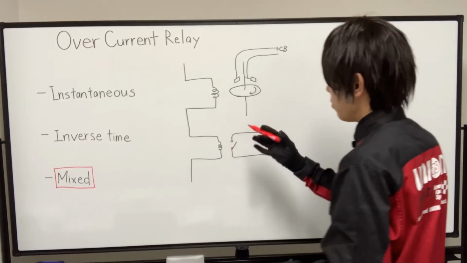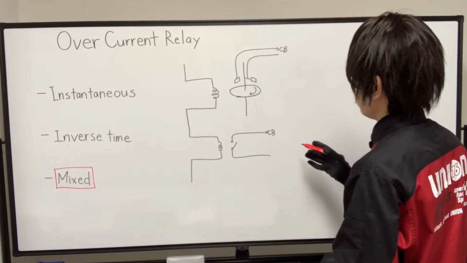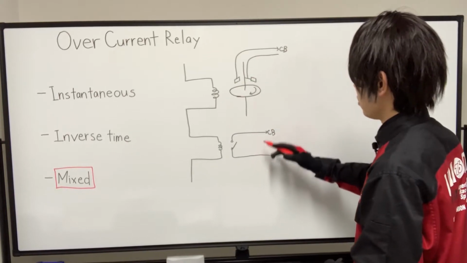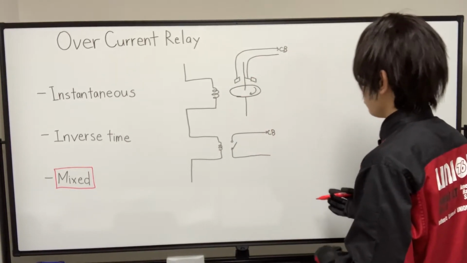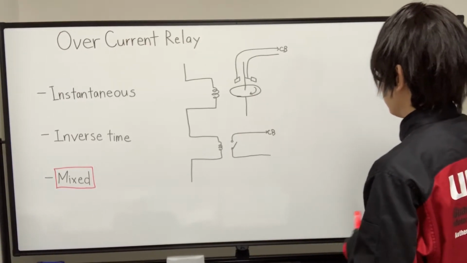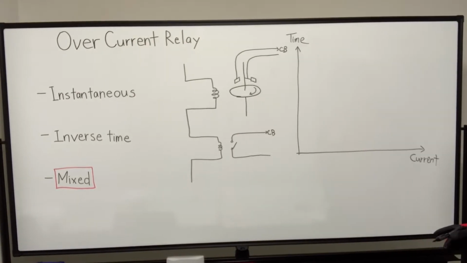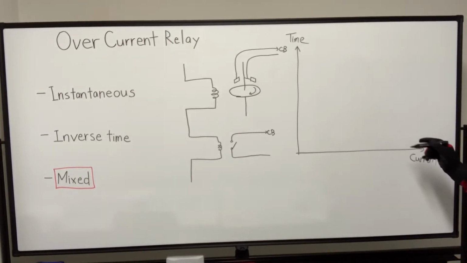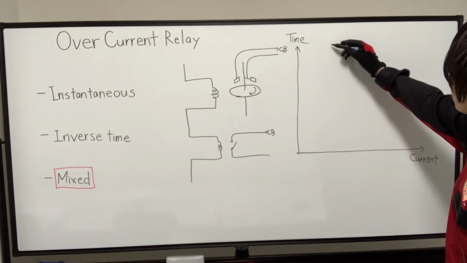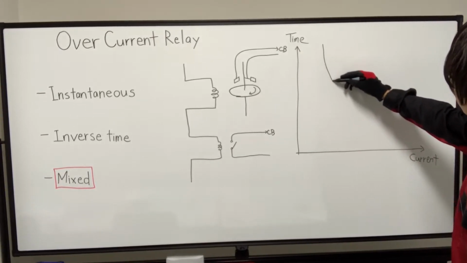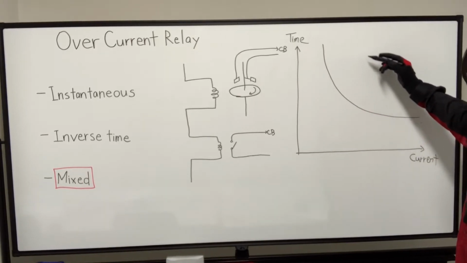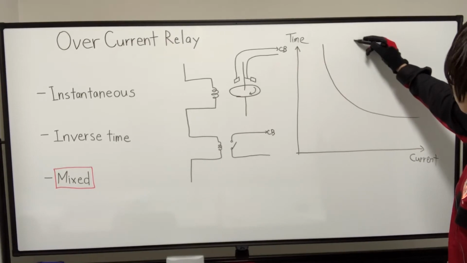Additionally, there is a combined type of relay, like inverse time and instantaneous in series, like so. So let's see the time current characteristics. This mixed type relay has the inverse time characteristics, like so, and instantaneous characteristics, something like that.